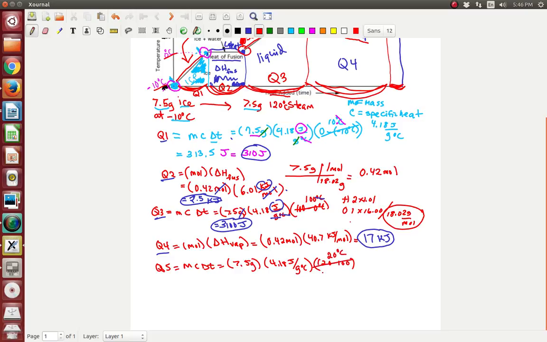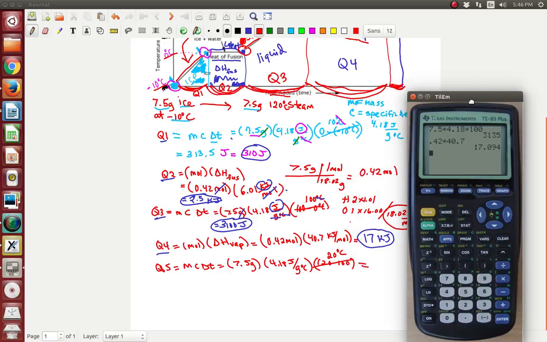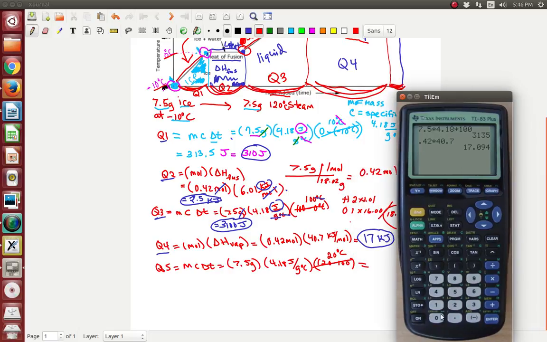It's positive again because each time the temperature is getting hotter. On all the sensible areas, the temperature got hotter. But on the latent areas, the temperature did not change. So we're going to multiply it out and find out what Q5 is. We have 7.5 times 4.18 times 20. 627.